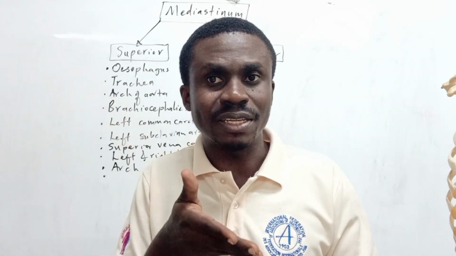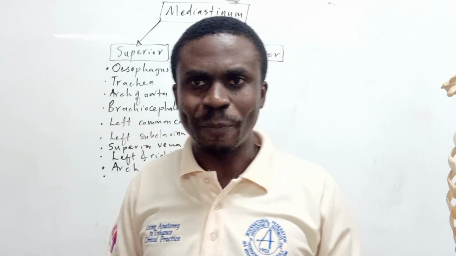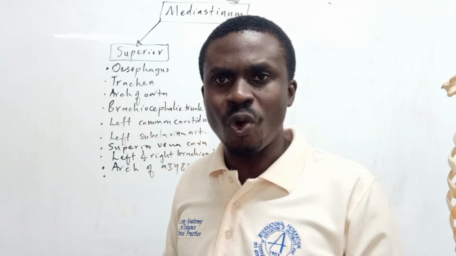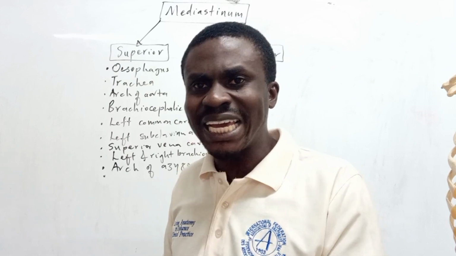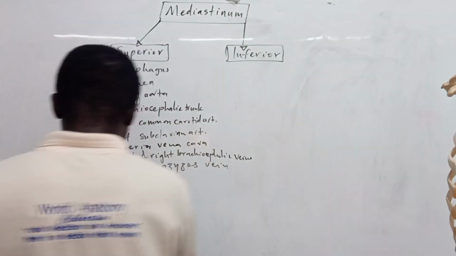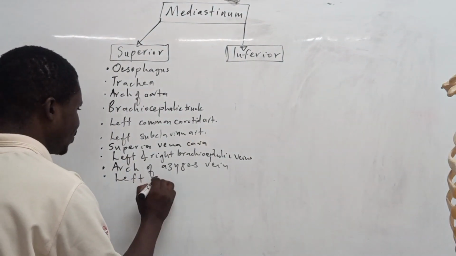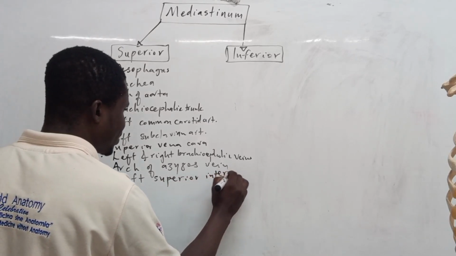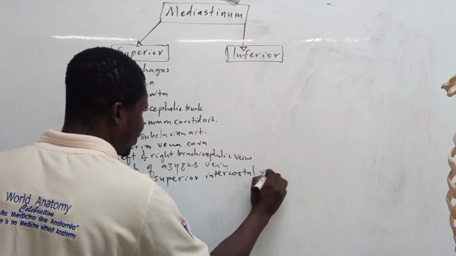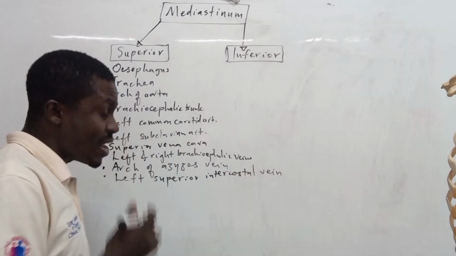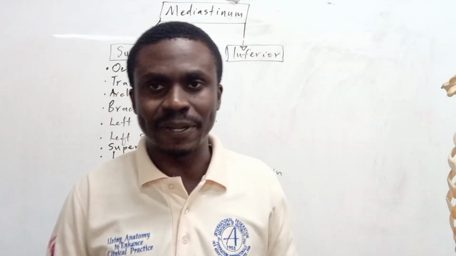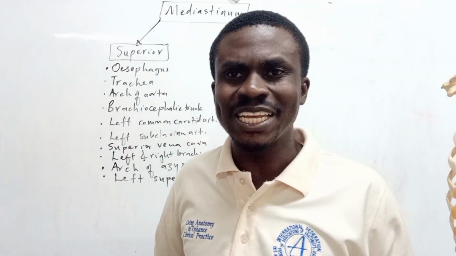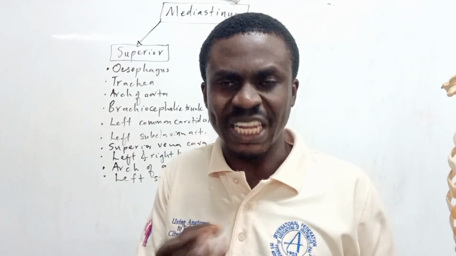But this one is oblique and longer. And that is why there's another vein, which we call the left superior intercostal vein. So I'm talking about the left superior intercostal vein. It is also a content of what we call the superior mediastinum.